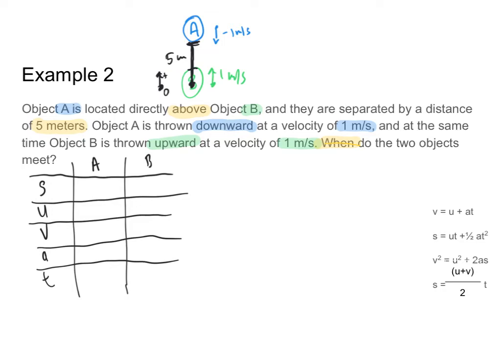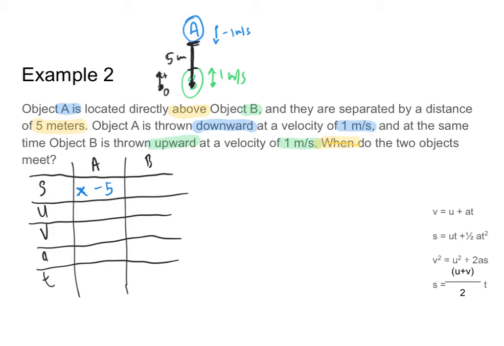We know that object A is located directly above object B. We don't actually know our displacements for A and B, but we do know their initial positions, and we know that we want to have a final position that's the same for each of them. So for A, I know that A's initial position is 5, and I'm going to say that X is what we're going to call our initial position.